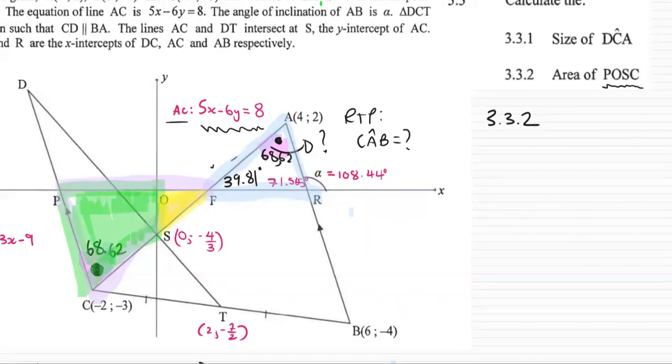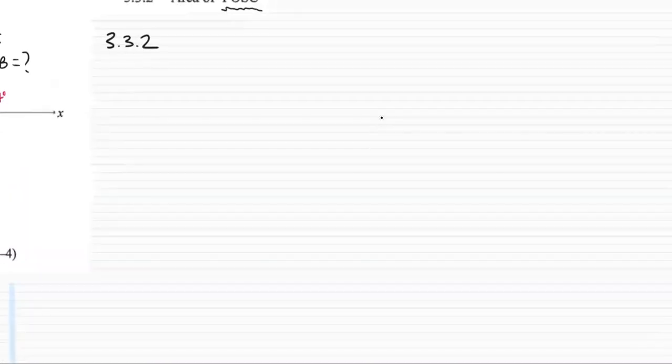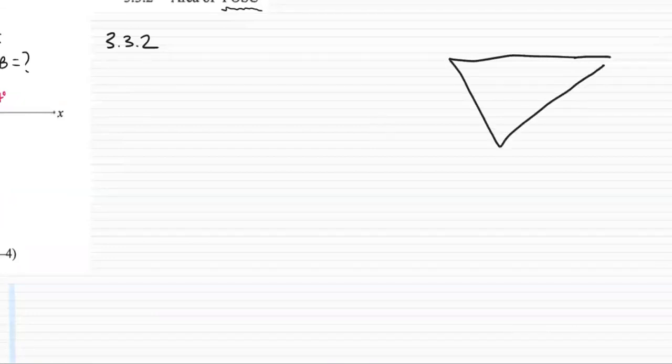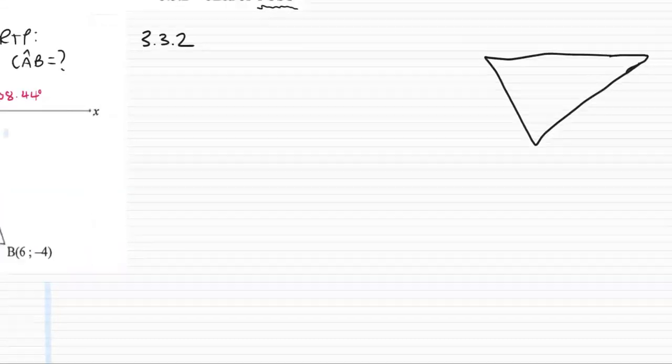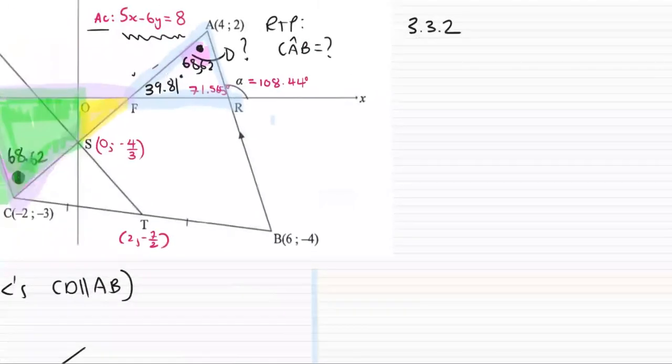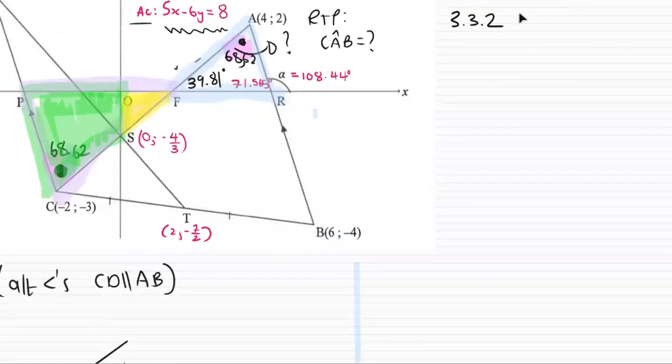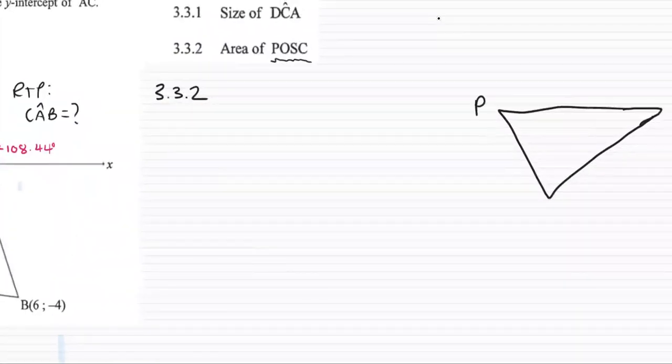Let's take a look. So we're working with non-90 degrees triangles. So if this is our big triangle, PFC, and then we have a small triangle there.